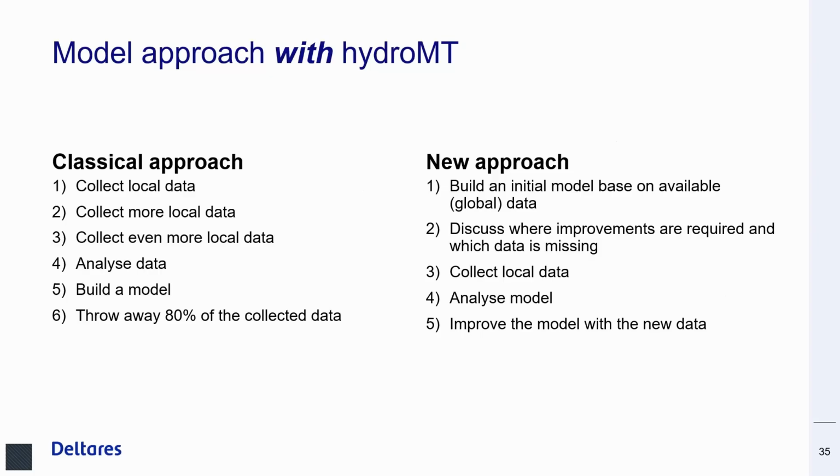Then we already have results, which makes it easier to discuss with clients which improvements are required, which data is needed to make these improvements, and then to maybe collect local data that we can also include in the data catalog and then easily access and process. And then there is much more time to really analyze your model and improve the model with the new data.